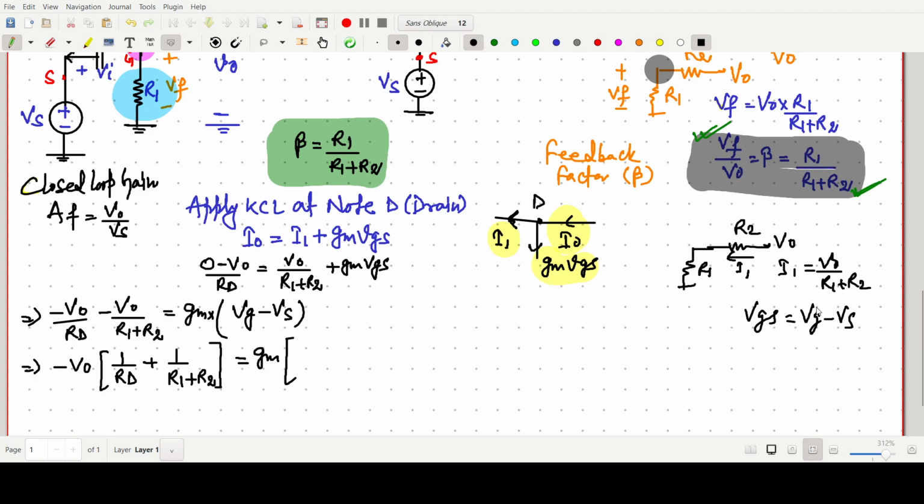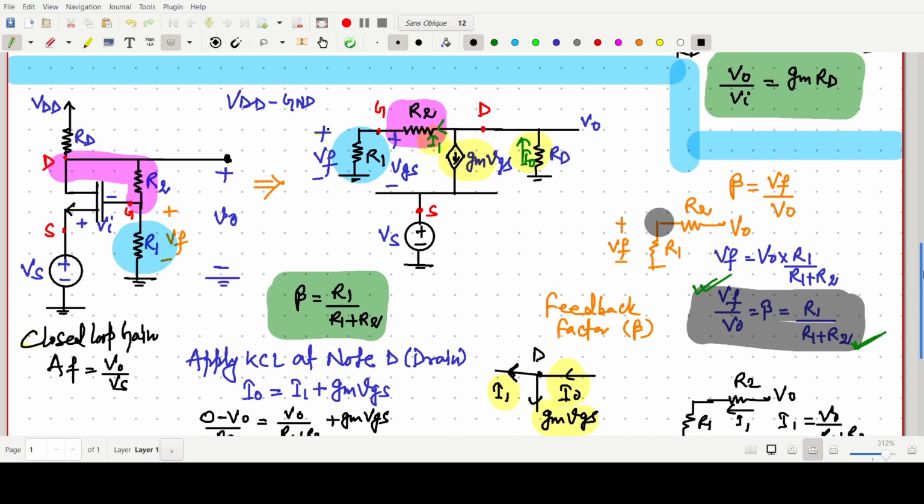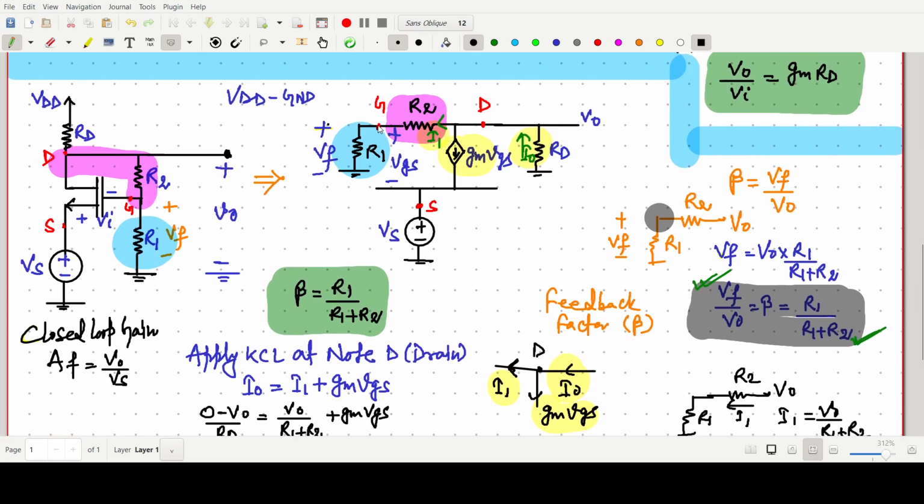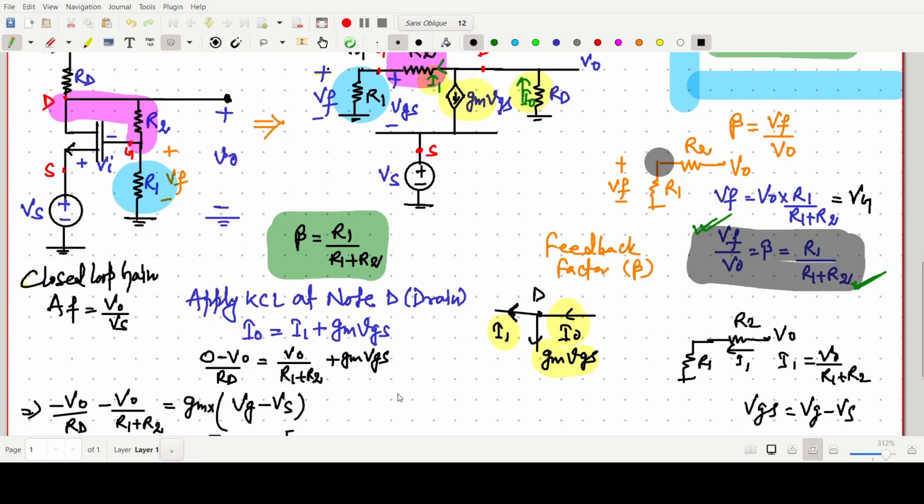Now see, what is the value of VG? This voltage we have to find. VG is nothing but simply VF. From this figure, this VG value is simply this feedback voltage.